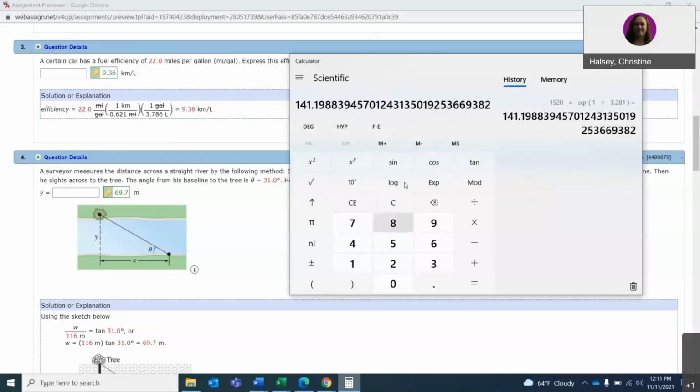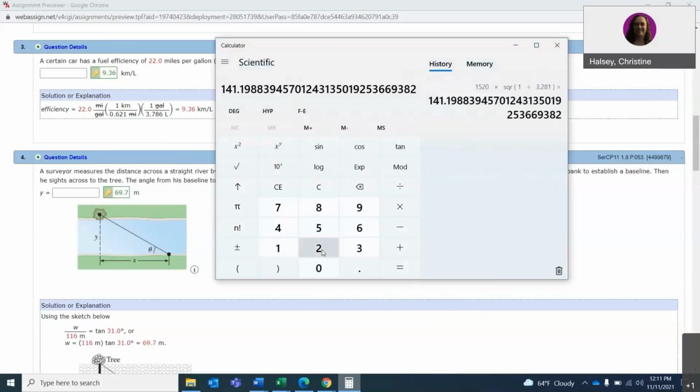On my handy dandy pocket calculator, 22 times 1 over 0.621 times 1 over 3.786, in parentheses.